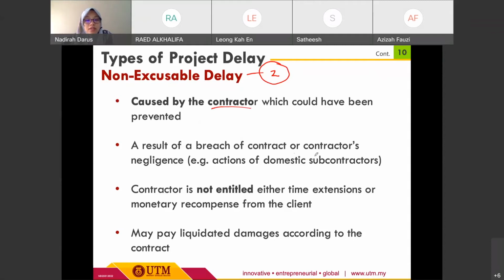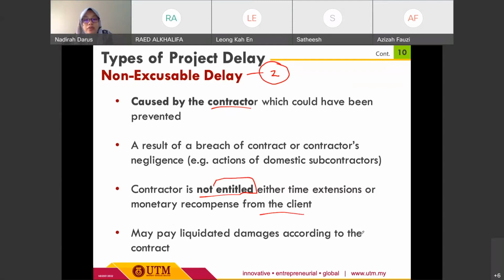So all of these are most of the time caused by the contractor. For this one, the contractor is not entitled to either time extension or monetary compensation from the client. This is in contrast with the first type of project delay. They may pay liquidated damages according to the contract.